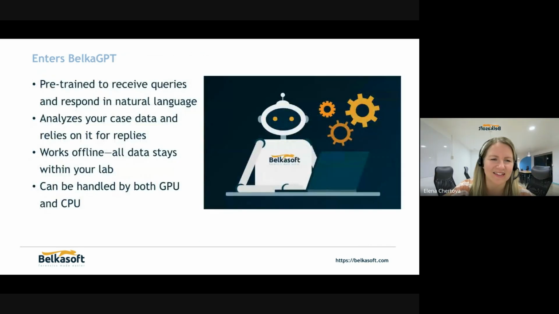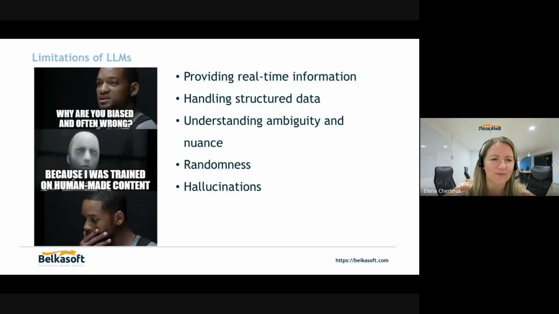But here is what we skipped when discussing the LLMs, and I think these things are worth mentioning from the point of view of implementing AI in digital forensics. Providing real-time information is probably not very important, because usually we want to understand what is within our case.